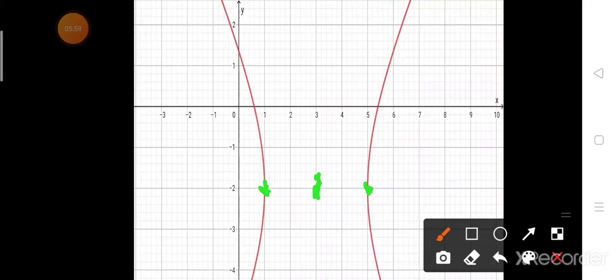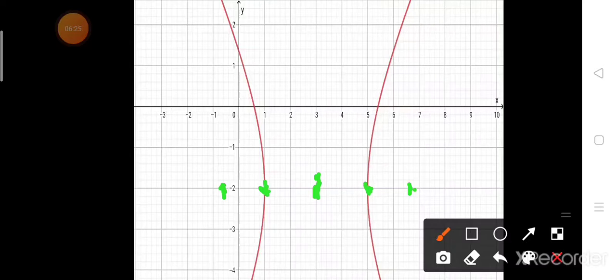Okay, our foci are on this side, this one, and also this one. That is our foci.